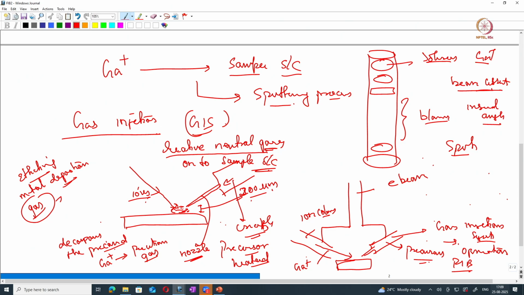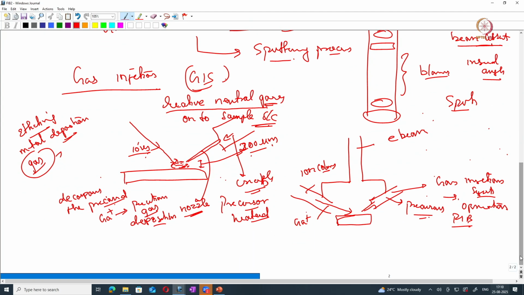During decomposition, or cracking, you can call it either, the precursor which has a certain metal, that metal gets deposited onto the sample surface. So based on the metal contained in the precursor, it can be platinum rich, tungsten rich, or carbon rich, based on what you want to deposit on the sample surface.